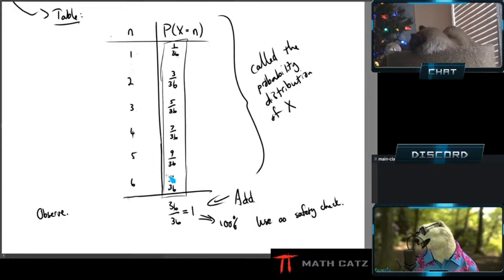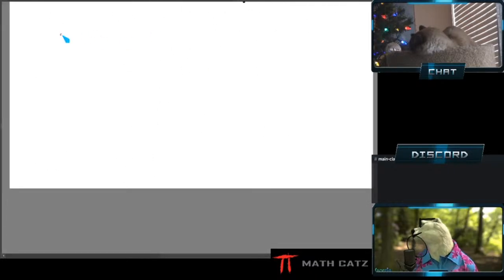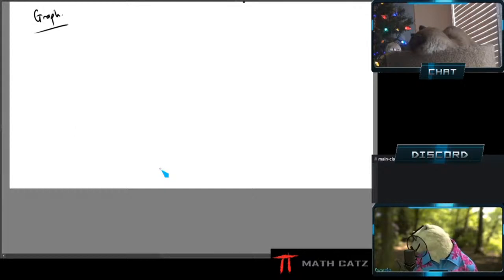Now, table form is nice. Definitely go with that. But if you want something more visual, we can certainly go with a graph, our basic bar graph.